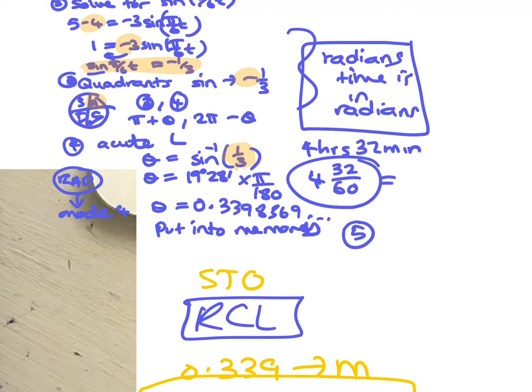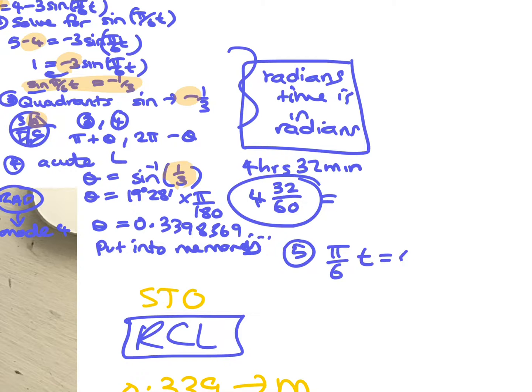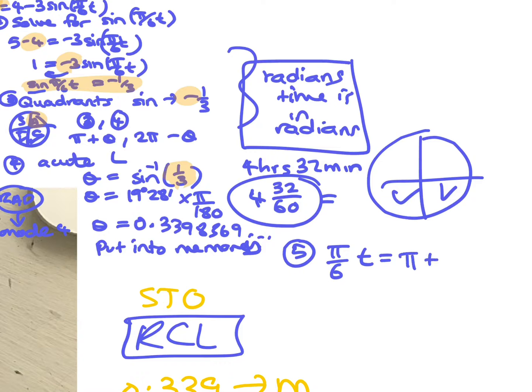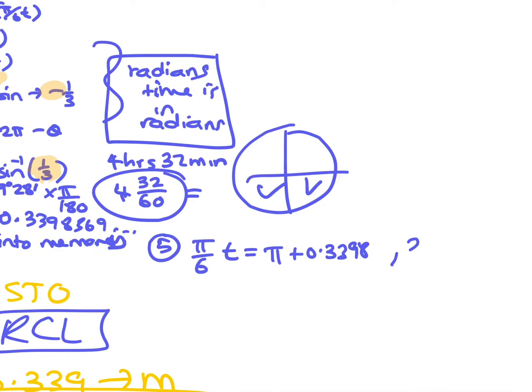So the next step is to go, all right, our angle, which is pi on 6t, will equal, in that quadrant there, what quadrants are we in? These ones. Pi plus 0.3398, and it will also equal 2 pi minus 0.3398.